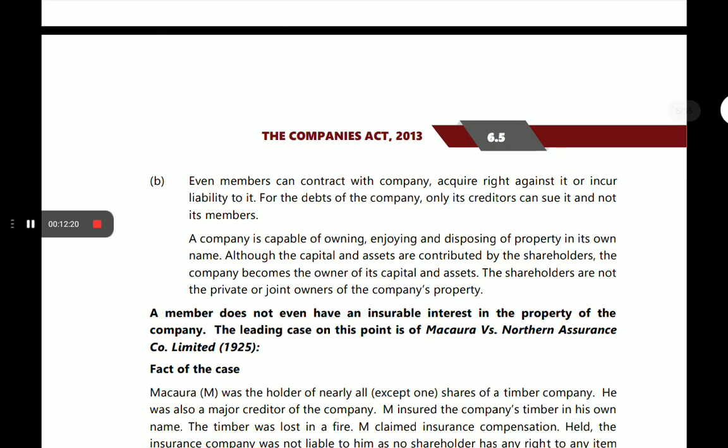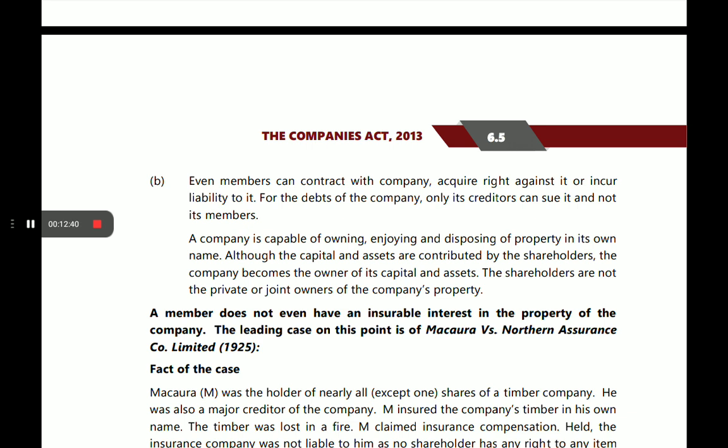A company is capable of owning, enjoying, and disposing of property in its own name. Although the capital and assets are contributed by the shareholders, the company becomes the owner of its capital and assets.